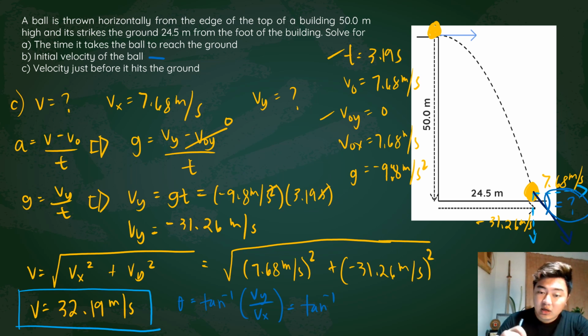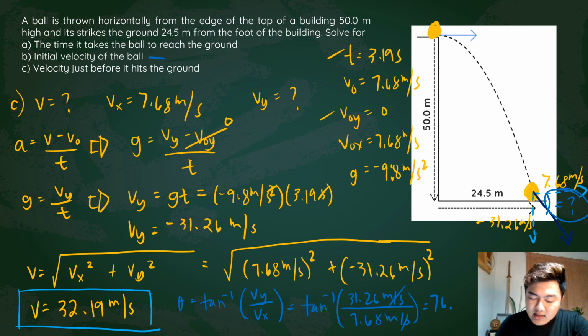Inverse tangent of your y, which is 31.26 meters per second, over 7.68 meters per second. That's 31.26 divided by 7.68. Then the direction will be 76.2 degrees below the horizontal.